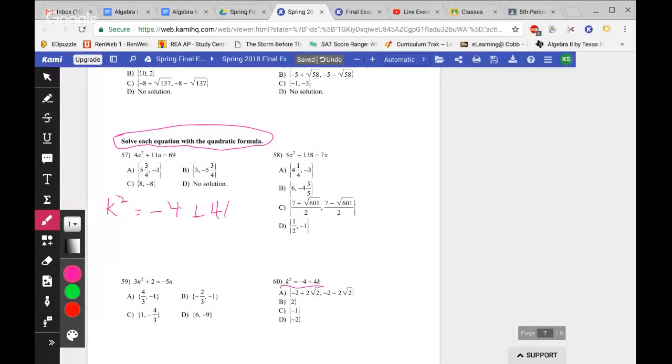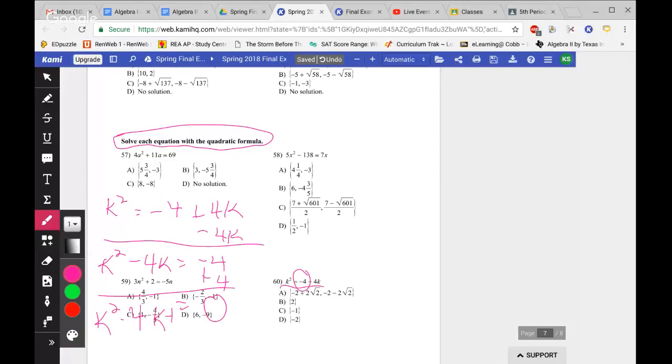To get the 4k over, I subtract 4k, which gives me k squared minus 4k equals negative 4. To get this 4 over, I add 4 to both sides, which gives me 0 on that side. Now it is in standard form: k squared minus 4k plus 4.